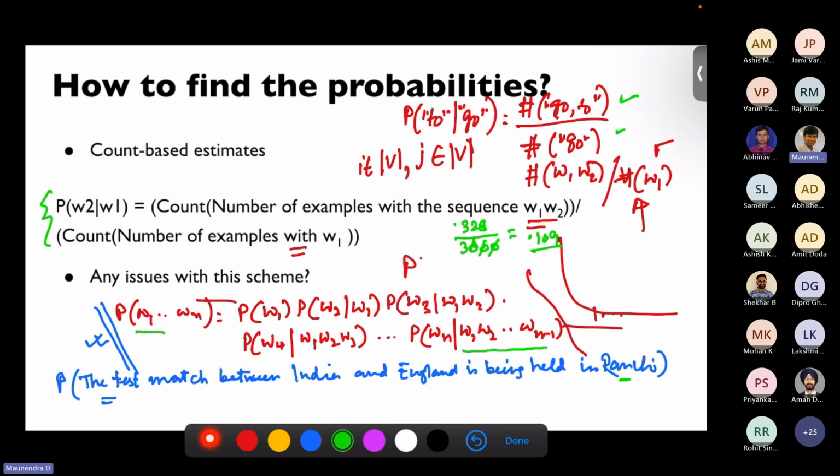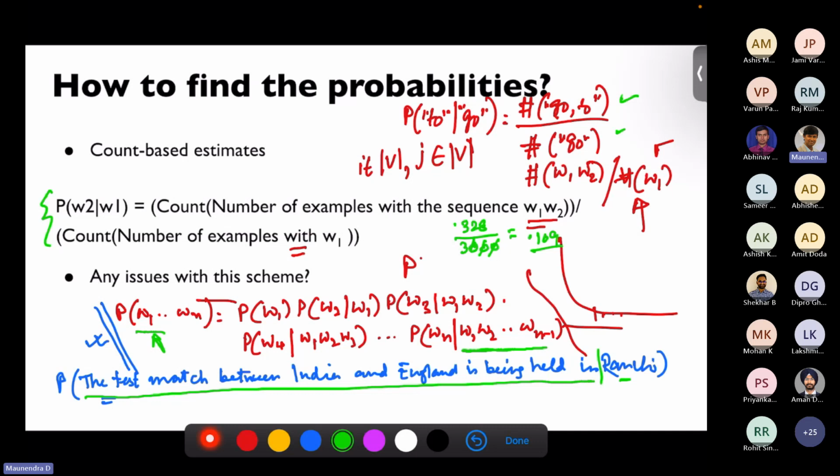Since we are talking about count-based estimates, it's very rare that in our entire collection, irrespective of how many documents we have, this entire thing is seen. So the denominator and numerator both will be very small, and this estimate will be very unreliable. As a result, the final probability that we get will also be unreliable. So that's why we should not use a full factorization like this.